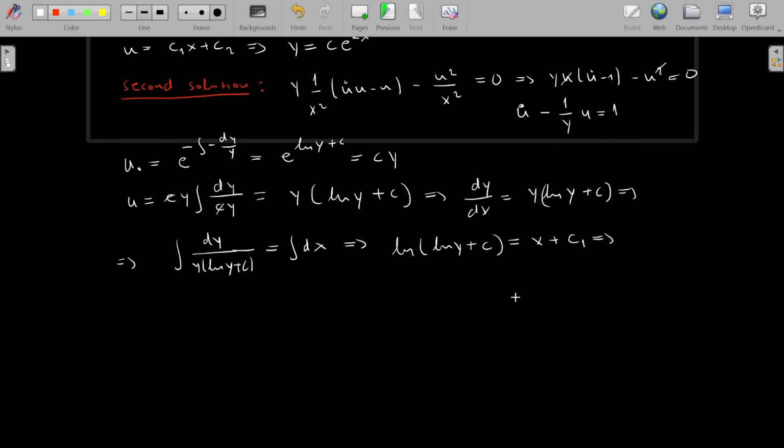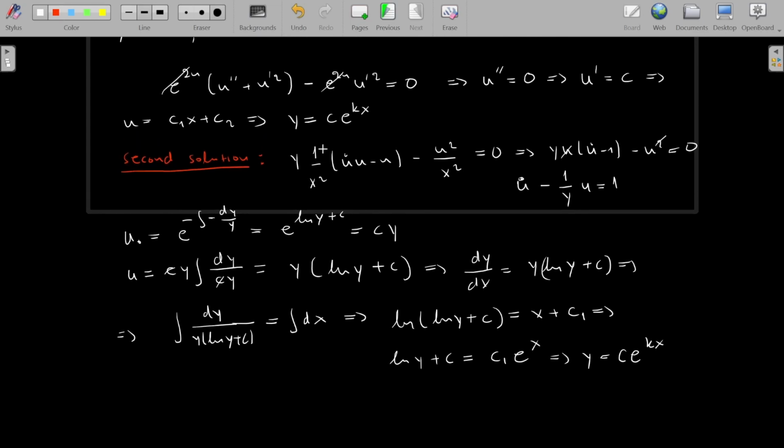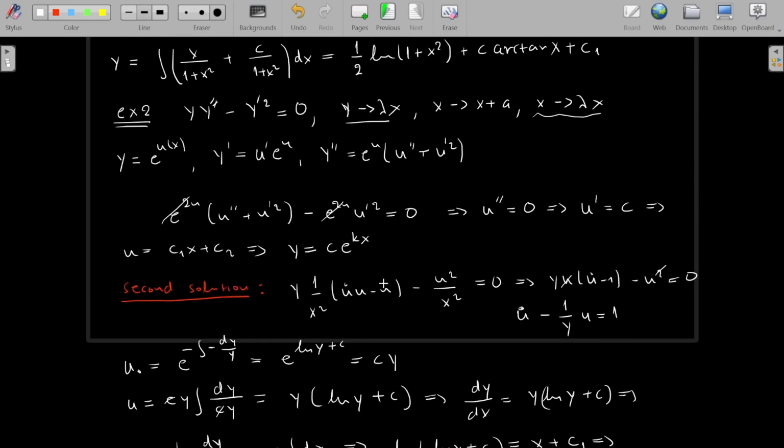And finally, ln of y plus a constant is just another constant times e to the x. And you will get exactly the same with different constants. It doesn't really matter, right? Which is exactly the same solution we found by using this kind of symmetry, right?